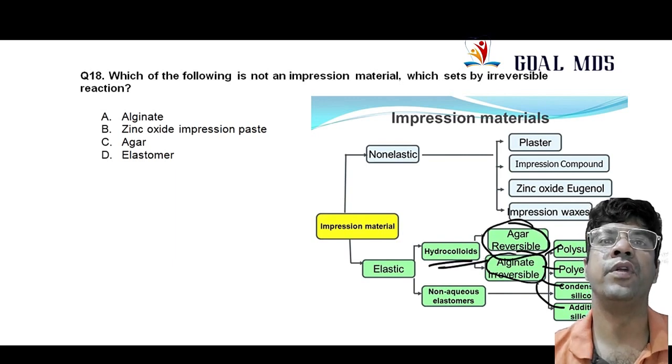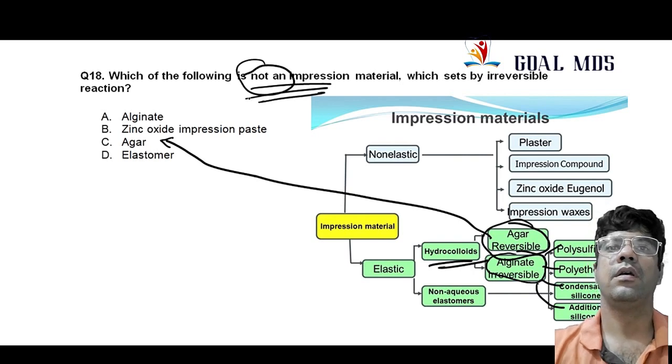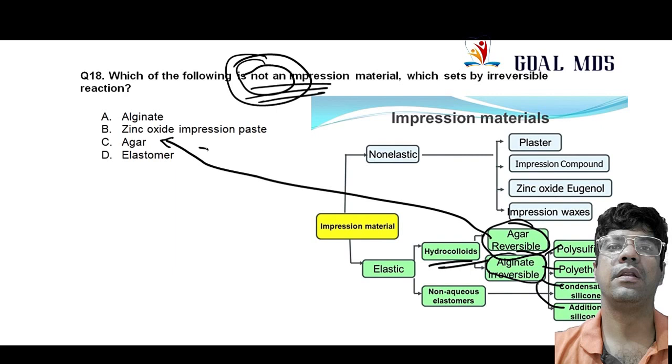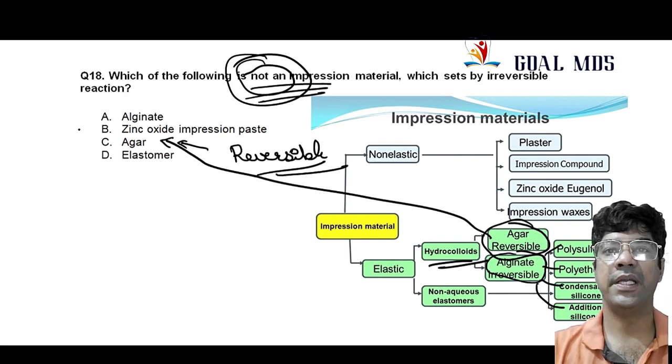So your answer would be agar, as it is reversible. Remember the classification of impression materials, elastic and non-elastic.